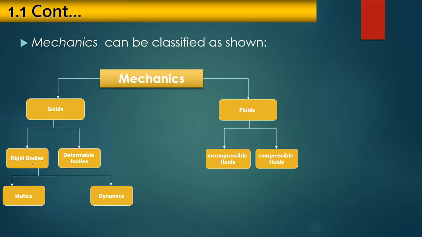The first one is statics, and the second one is dynamics. Under statics, we discuss objects that are at rest, and in dynamics, we're talking about objects that are moving, and this is due to an applied force, in short.